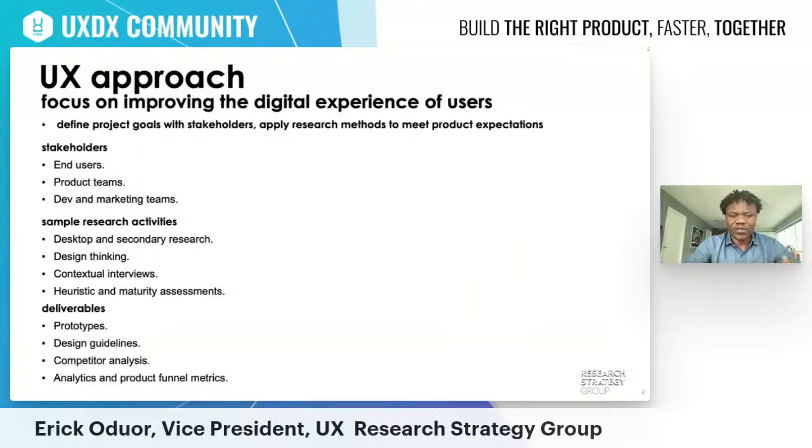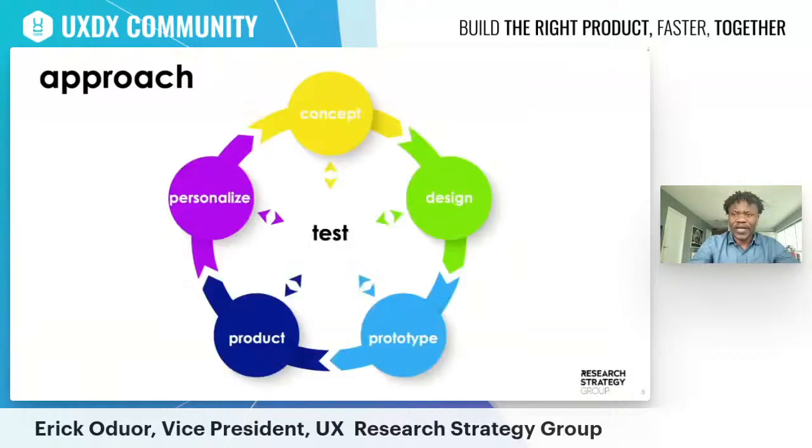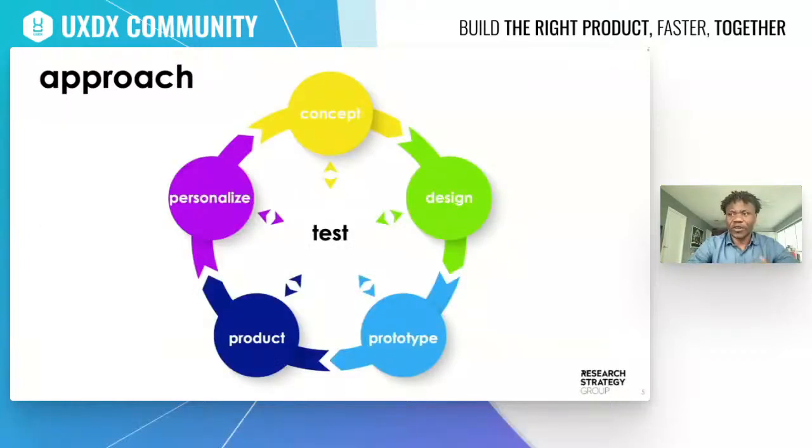This could be prototypes, or reports, and there could also be recommendations on which ways to improve the product. So that is the standard way of applying UX to solve user problems. So now what we have here is nothing different than what you've seen before.